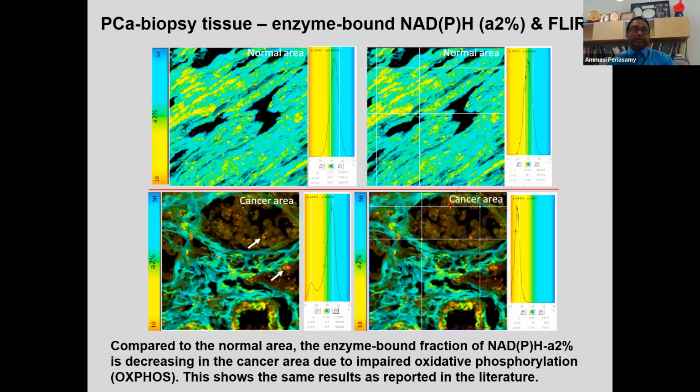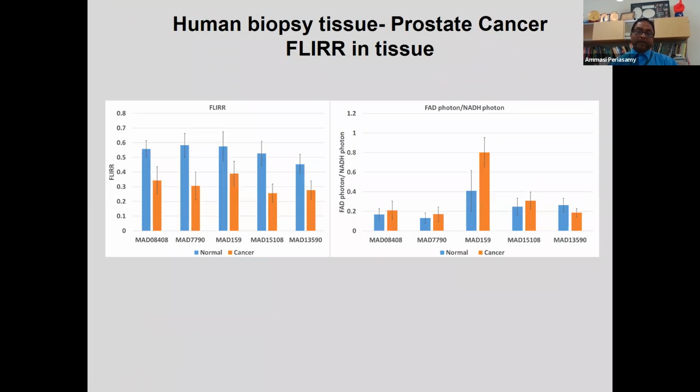So we also tested prostate cancer biopsy tissue, which also demonstrates that the intensity-based result, on the right side, jumps all over the place, whereas the FLIRR method provides very stable, reproducible output.